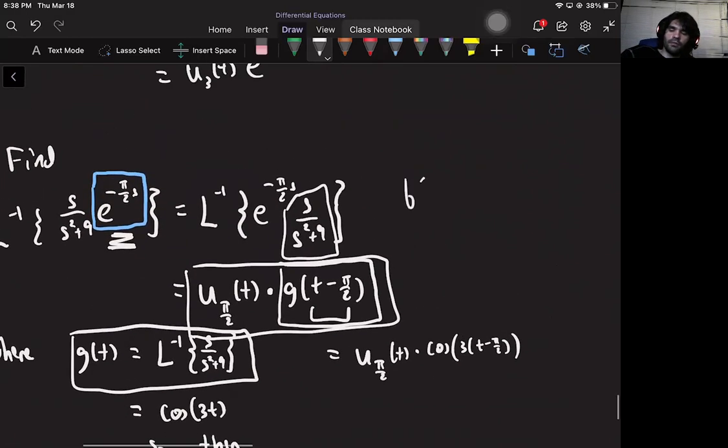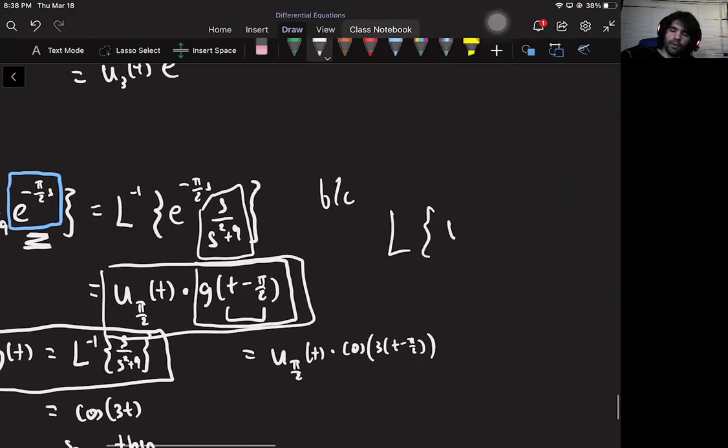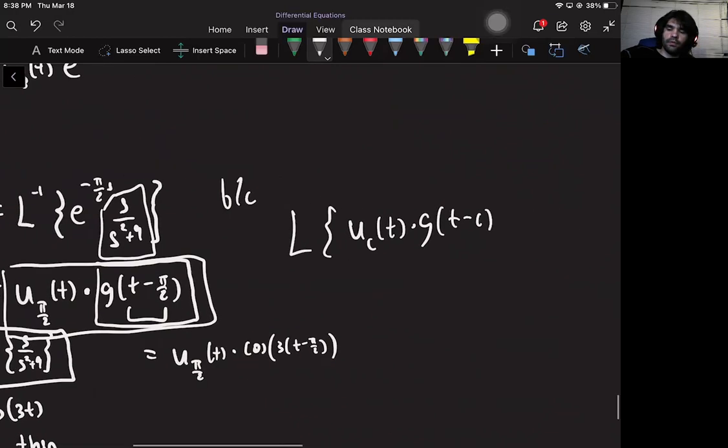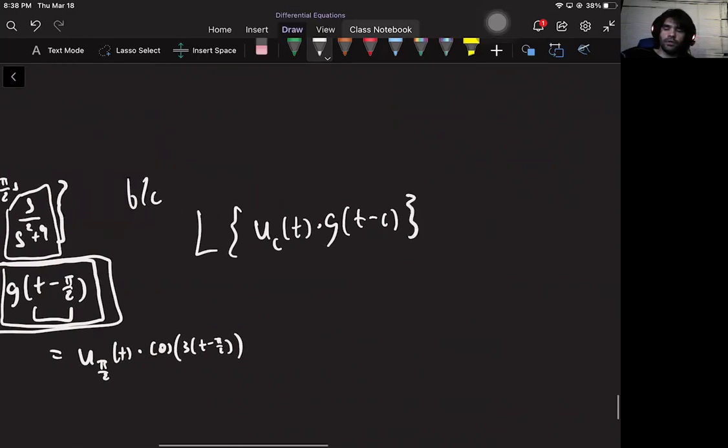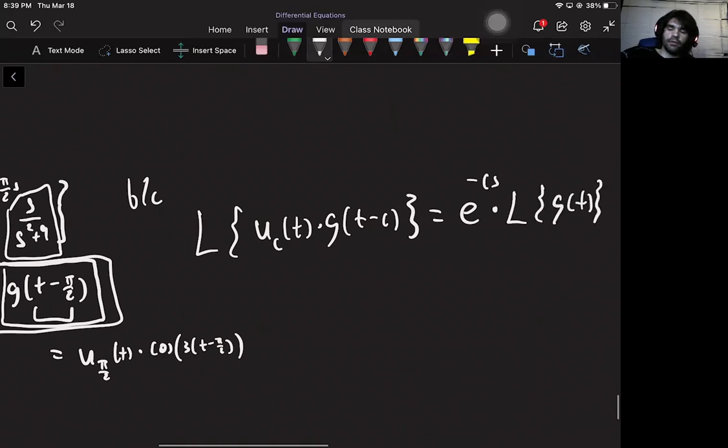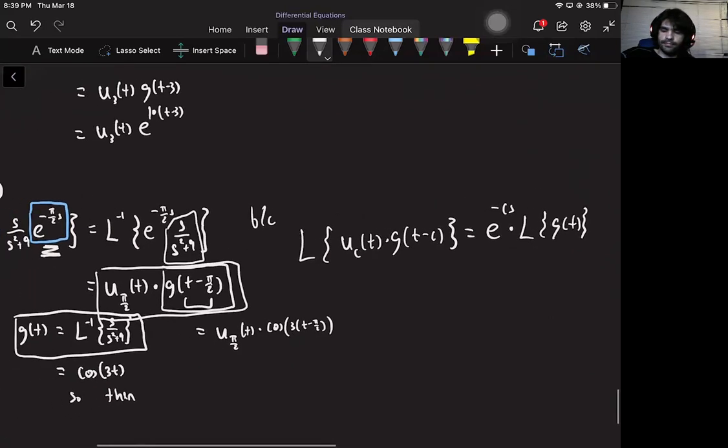And this is all because of the formula that the Laplace transform of the unit step function times a shifted function by that same amount is e to the negative cs times the Laplace transform of that function. So we're really just using this rule in reverse.